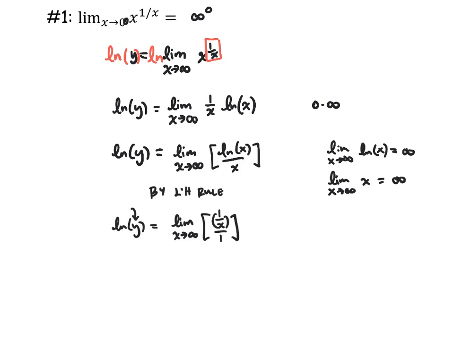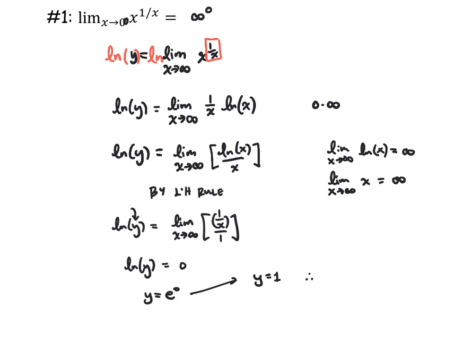Now, if I plug in infinity here, or do a direct substitution, we can see that this would head toward 0, since 1 over x as x goes to infinity would go to 0. Therefore, since ln of y equals 0, then y would equal e to the 0. Therefore, y would have to equal 1.